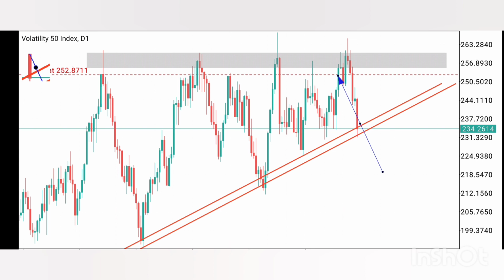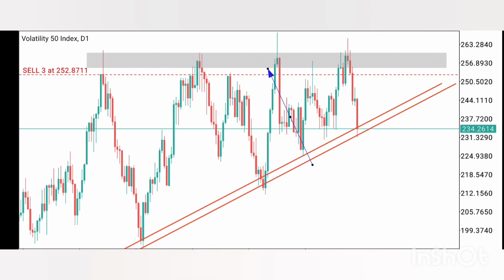So I have to mark this level out. This level is a very potential area. The market has respected that level so many times. This is the daily time frame, so if you take your time to look at it properly, you will see that the market respected that level around August. I think that is the first time the market respected that level.